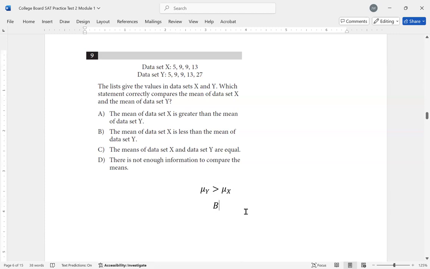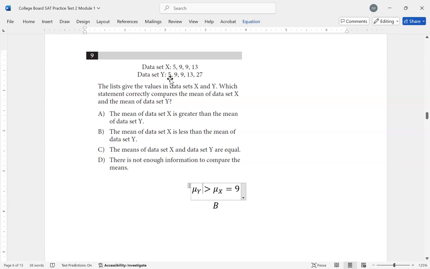Now, you could have also calculated the numbers. You could have taken 5 plus 9 plus 9 plus 13 and then divided by 4. The mean of dataset X is actually equal to 9 if you calculate it. And then you could have done the same thing for Y. 5 plus 9 plus 9 plus 13, and then add a 27.